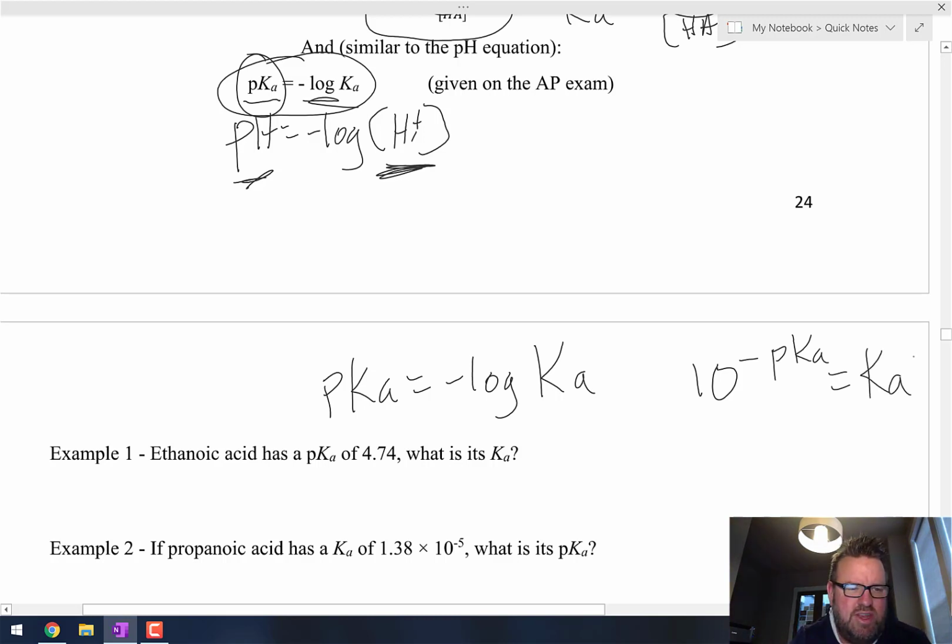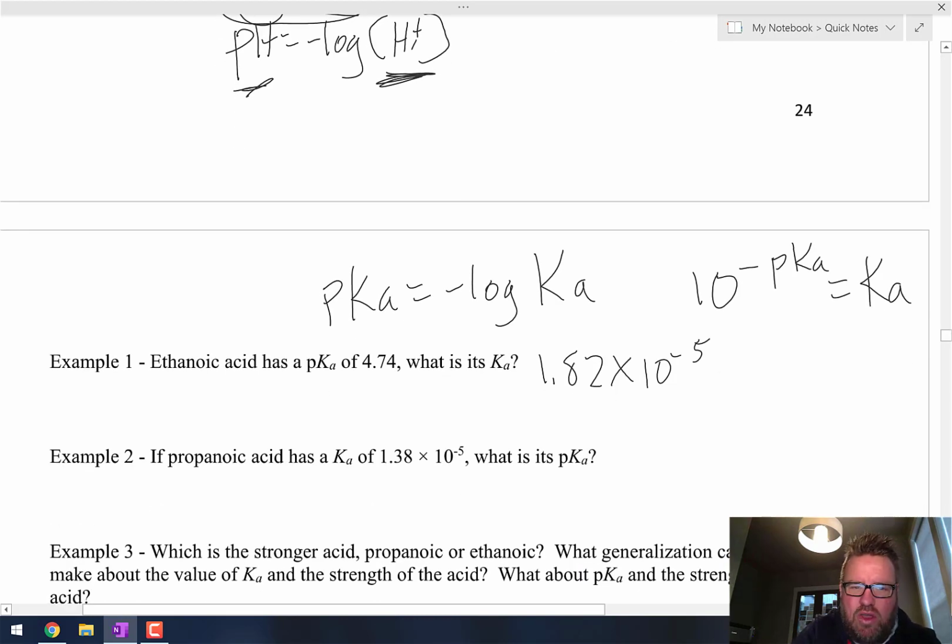So we simply need to take 10 to the power of negative 4.74, and that gives us a Ka value of 1.82 times 10 to the minus fifth.